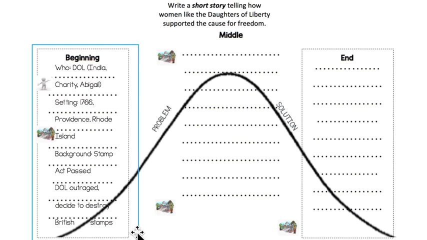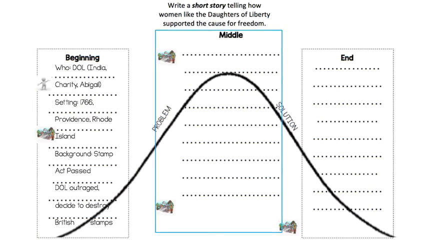Now my middle and end, I have a little bit more creative liberty to imagine what happens next. Because I know the act gave me my problem, it didn't necessarily give me my solution. So that's where I get to be creative as an author and create that solution in a way that makes sense. So now moving on to my middle.